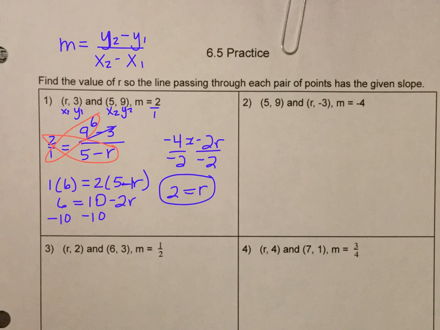All right, one more. x1, y1, x2, y2, and my m, I'm going to put a 1 over it. Negative 4 over 1 equals y2, negative 3 minus 9, over r minus 5. This one's very similar to the last one we worked, but our answer won't be the same. Negative 3 minus 9 is a negative 12. Cross multiplication time.